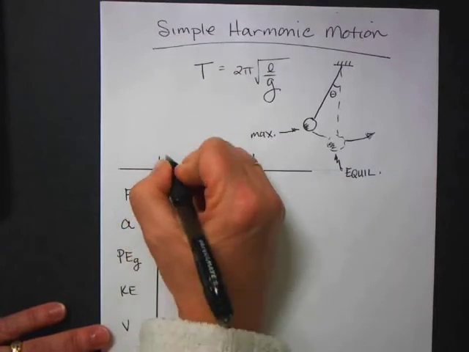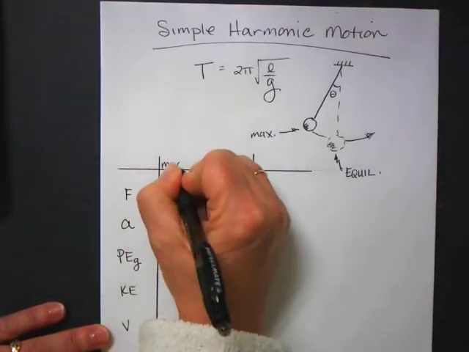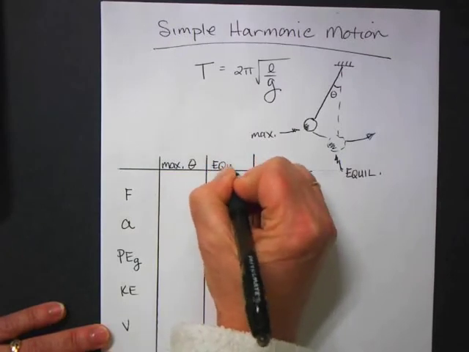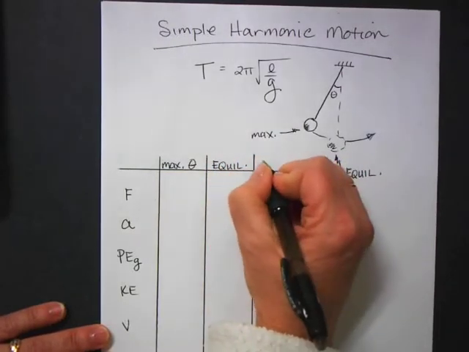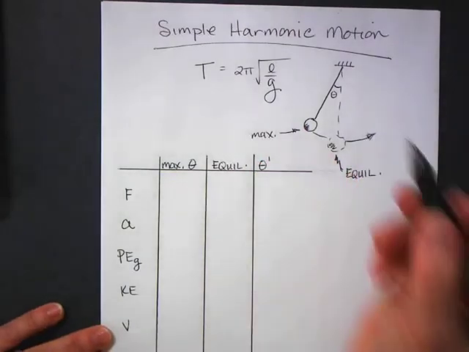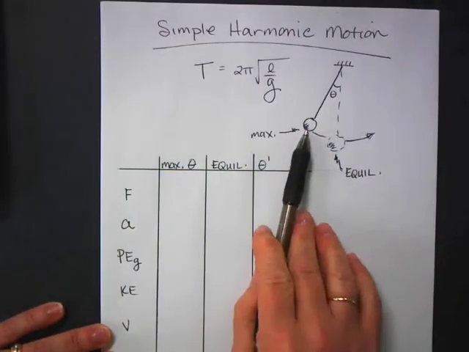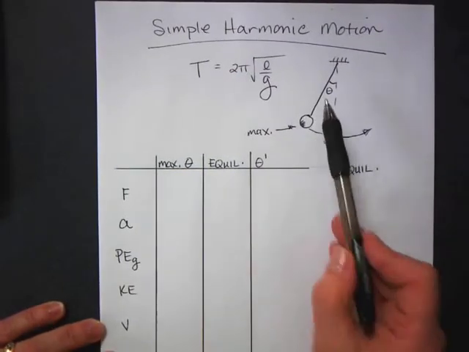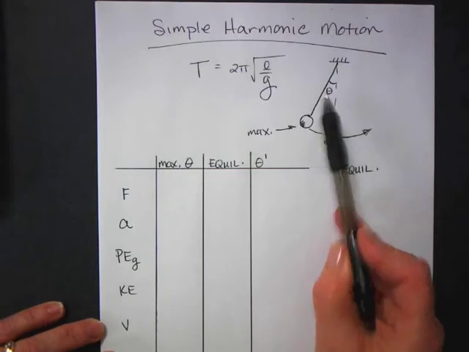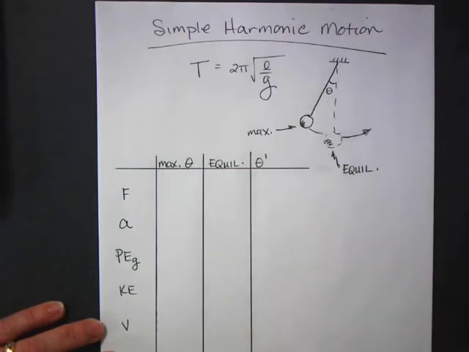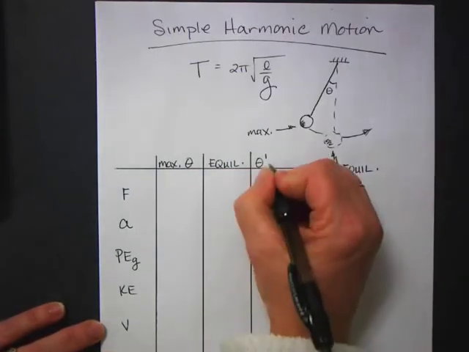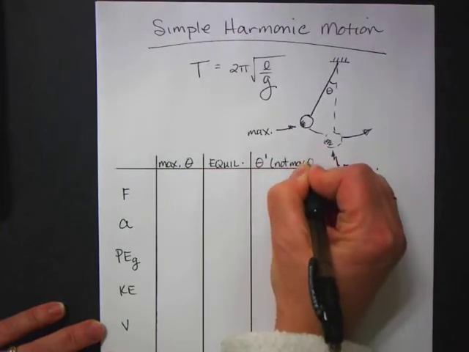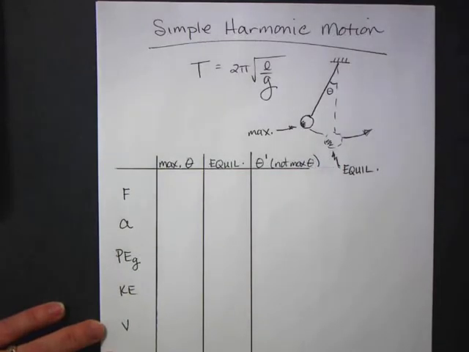And we're going to look at the maximum displacement position, so maximum theta, the equilibrium position, and then theta prime, which will be someplace not at max, not at equilibrium, but someplace in between. So for example, if I pulled this out to 15 degrees maximum theta, theta prime might be 10 degrees. So not max theta.